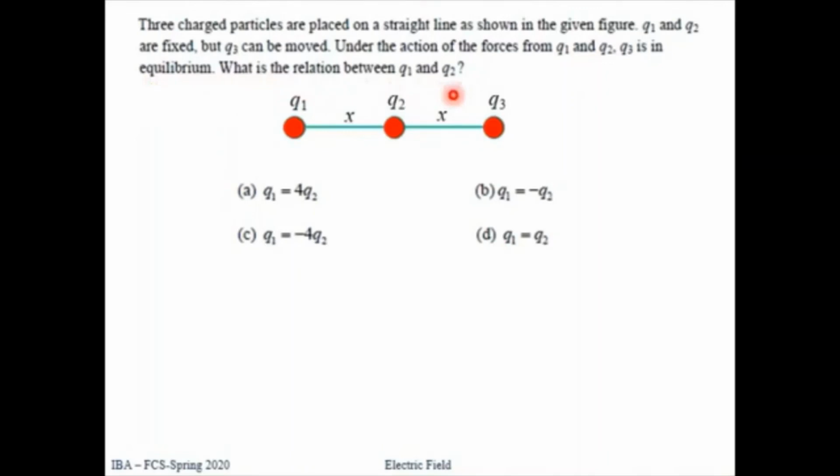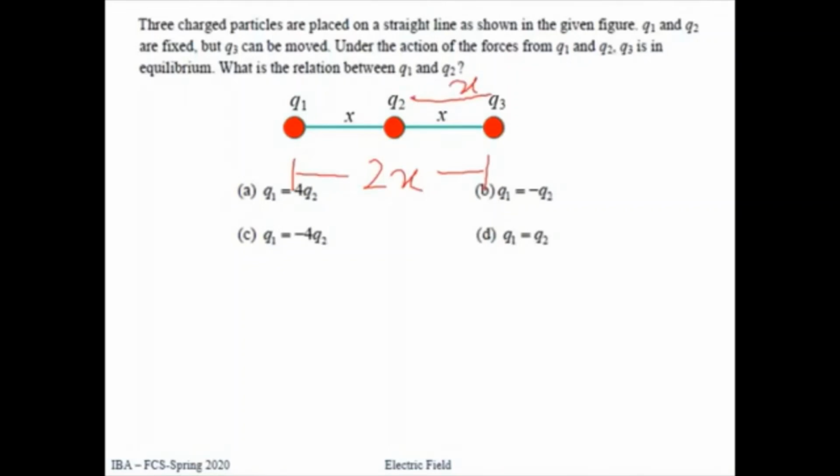So now let's find the distance from Q1 to Q3, which is x plus x, equal to 2x. And the distance between Q2 and Q3, which is given here, is x.